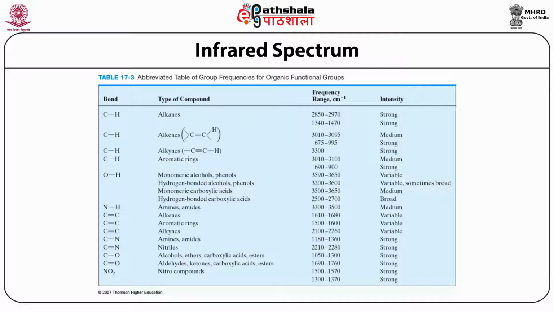And the C=O double bond in the aldehyde, ketone, carboxylic acid and ester gives a strong peak at 1690 to 1760. And for the nitro compounds, you get a strong peak at 1500 to 1570 and 1300 to 1370.